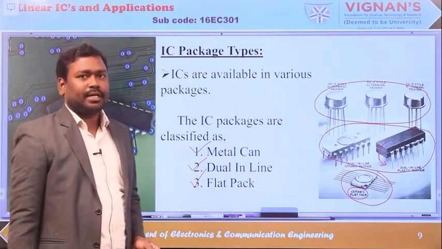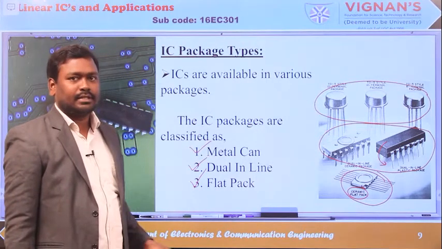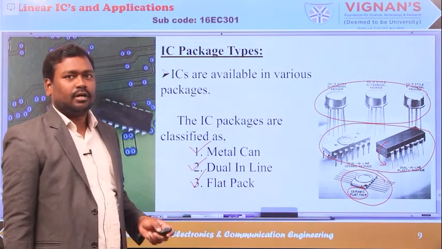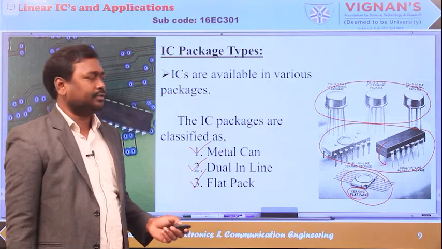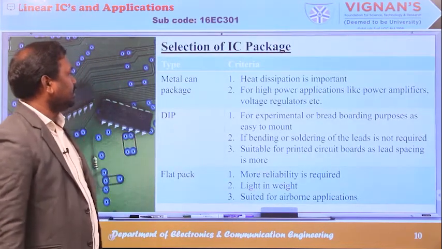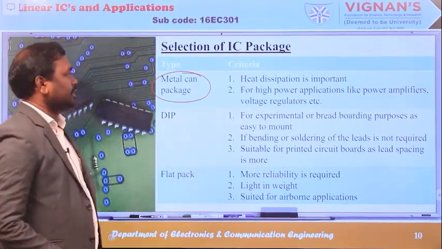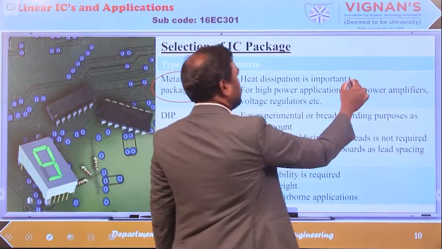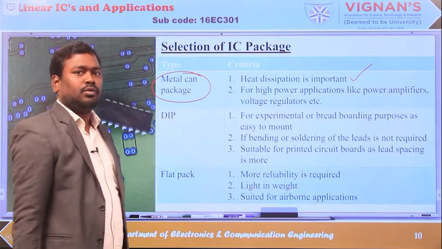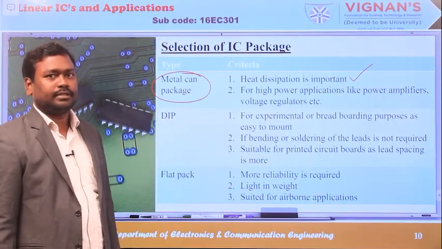So how to choose the package? That is the important question. There are three packages: metal can package, dual in-line package and flat pack. How to choose an IC package? See the criteria. When we go for the metal can package, when heat dissipation is important, when the IC does more heat dissipation, then we go for the metal can package.